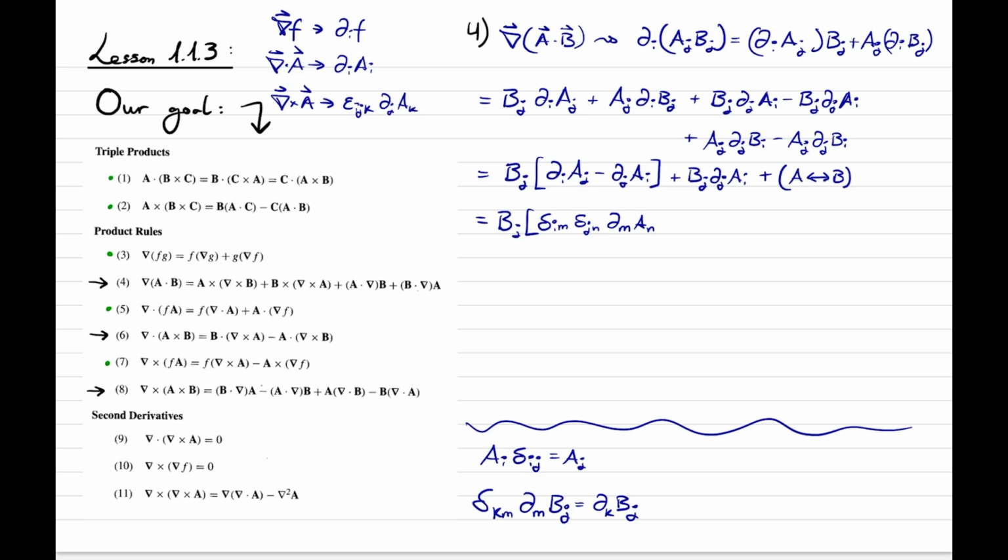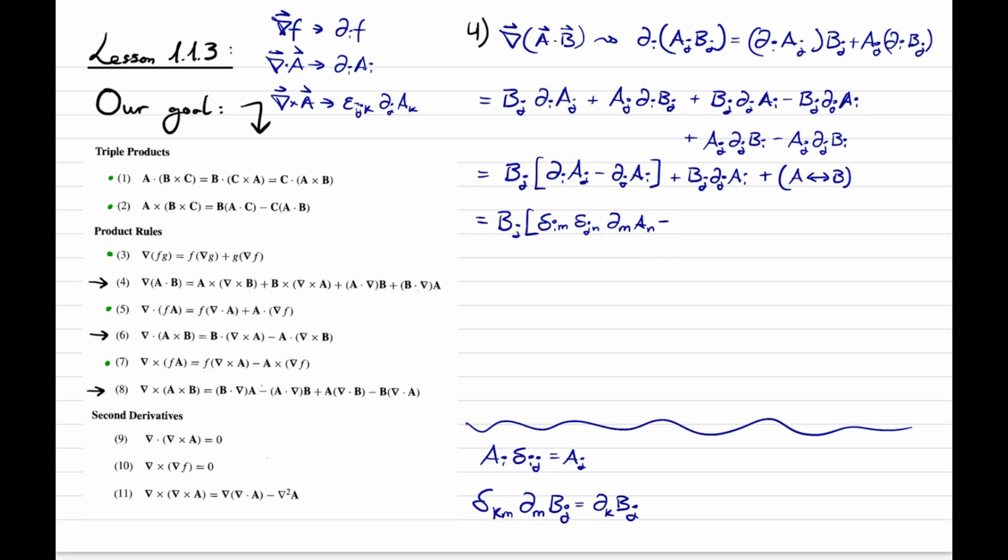So if you carry out this product with the Kronecker deltas, you can see that it's exactly the same thing. Okay, so this delta kills the m and places in the i, and this other delta kills the n index and places in the j. Okay, so this is the very exact same thing as this one.